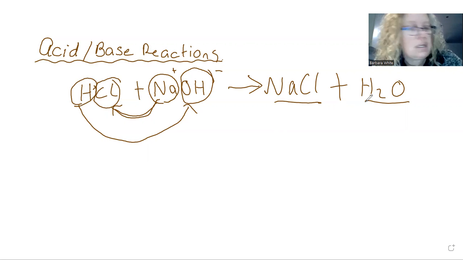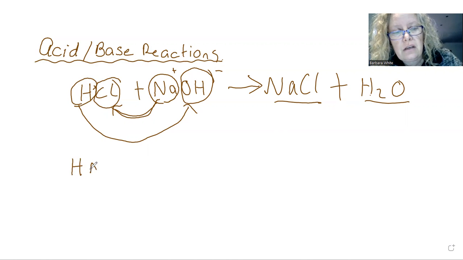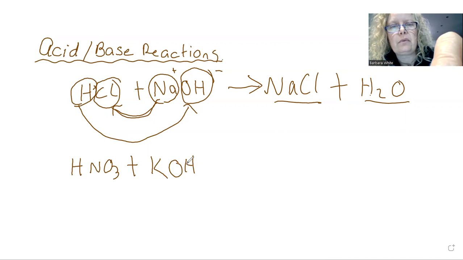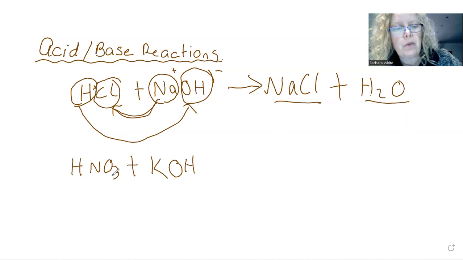Here's another one, nitric acid, which has got an H and a nitrate. And we're going to put it with potassium hydroxide, which is a K, potassium, and hydroxide. We're going to do the same thing. We're just going to swap them over. I might use some colors to help you out.